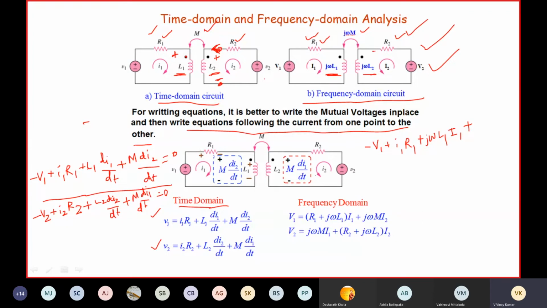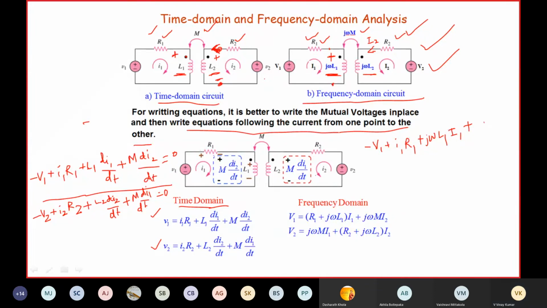See here, I2 is entering the dotted terminal of coil 2. If current is entering the dotted terminal of coil 2, the mutual induced EMF in coil 1 will be positive at the dotted terminal. So when you apply KVL around this loop by considering current in the clockwise direction, you are collecting voltage at this point with respect to this point, which means you collect positive voltage.